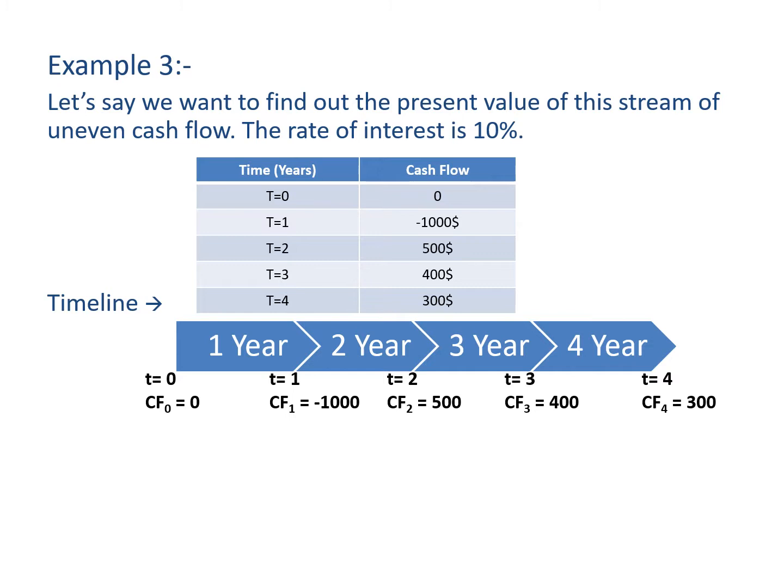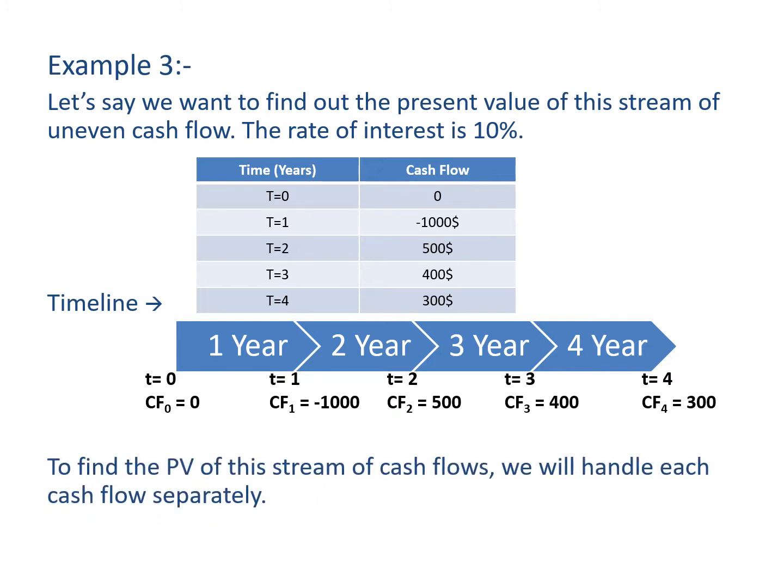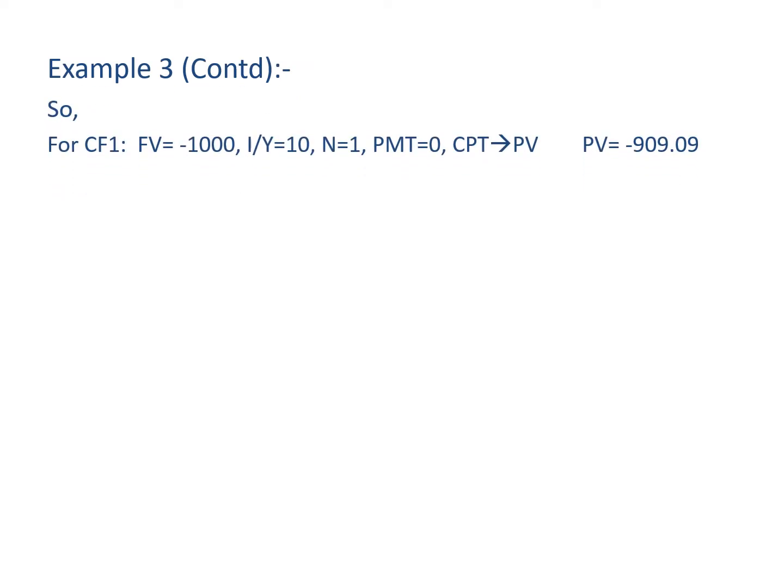We are assuming the rate of return as 10%. To find the present value of this stream of cash flows, we will handle each cash flow separately. So, for cash flow 1 or CF1, FV is 1000, I/Y is 10, N is 1, and PMT is 0.